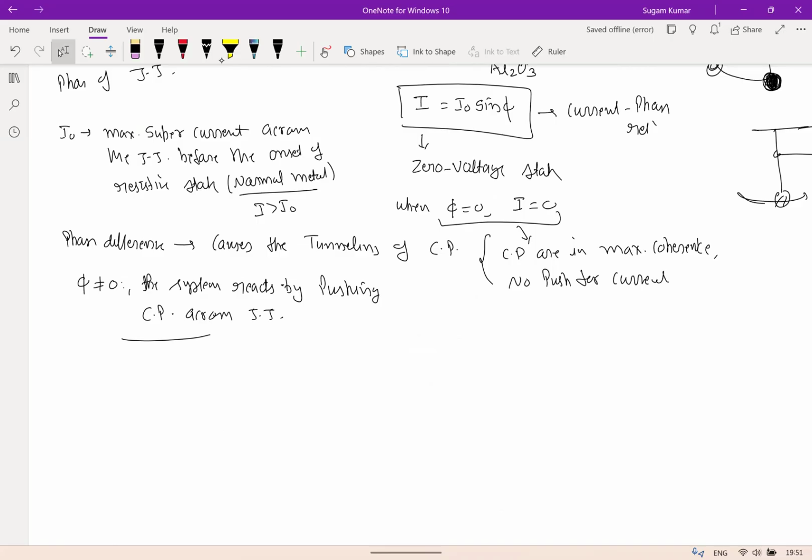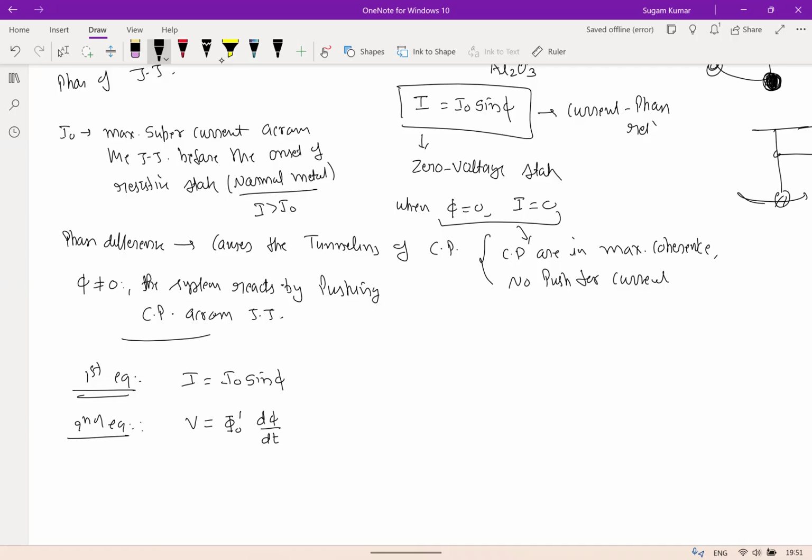I said that there is a first equation, I equal to I naught sine phi. There is a second equation also, which one can prove by the Schrodinger equation: V equal to phi naught dash d phi by dt.